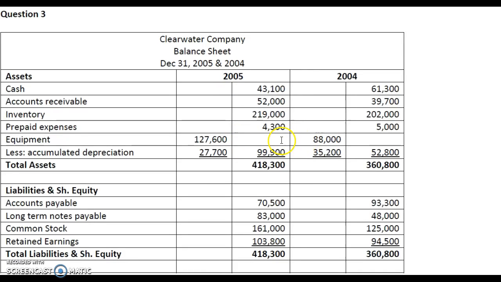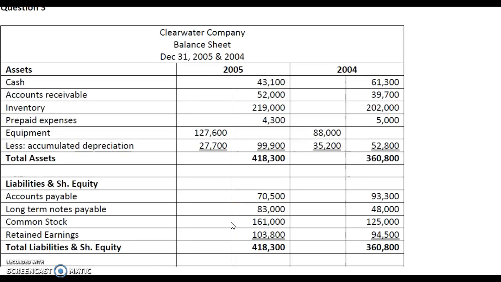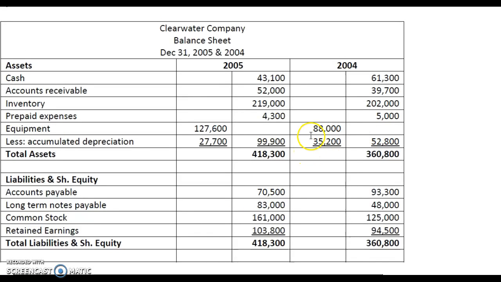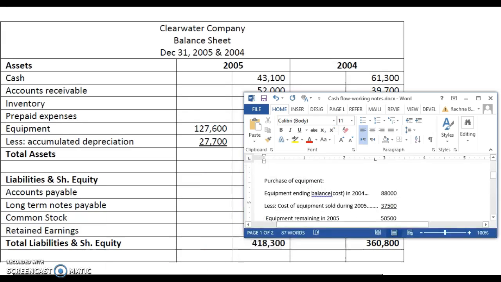Which means that there has been an additional purchase of equipment, but we have to figure out the cost of the equipment purchased. So your working note will start from the equipment which has been sold. So what you will do is you will take this figure of 2004 as the beginning balance of your equipment. So let's get on to the working note.